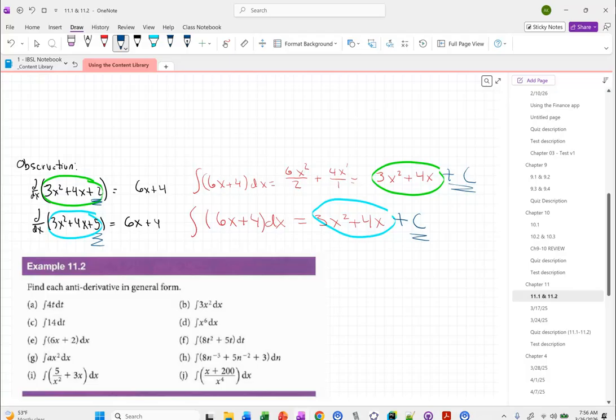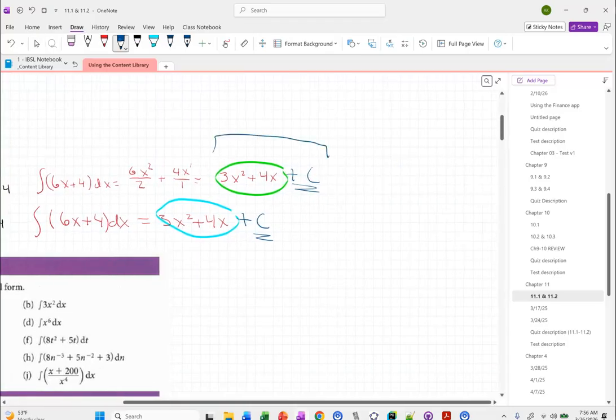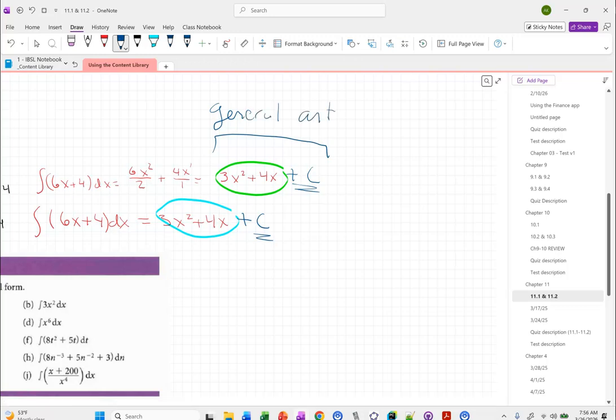Everybody's okay with this? So when we have the plus c at the end, we call this the general antiderivative.